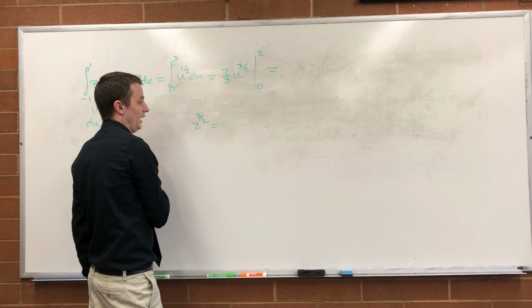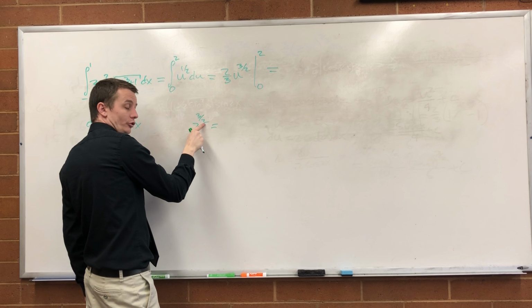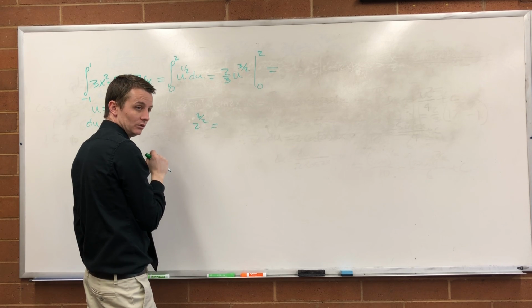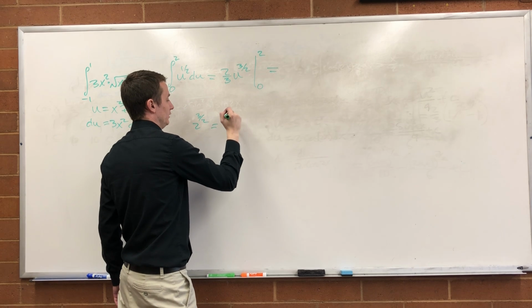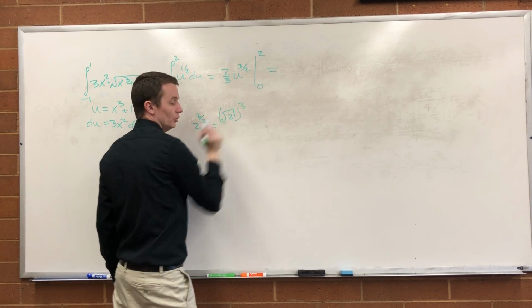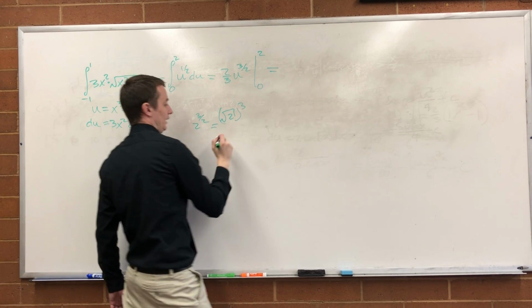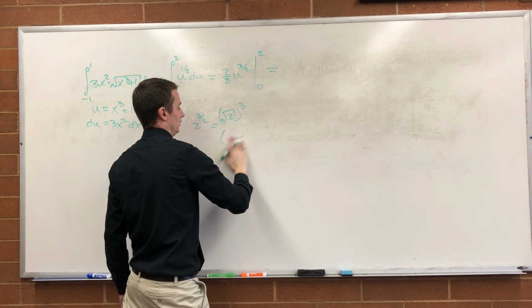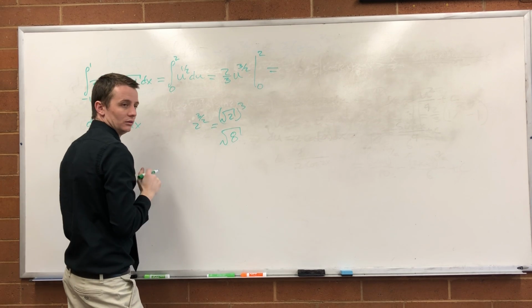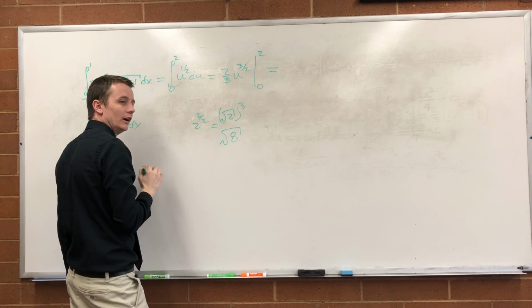Okay. So 2 to the 3/2, we can either do the square root first and then cube it, or we can cube it and take the square root. So I can think about this as the square root of 2 cubed, or as the square root of 8. Either one works, right?